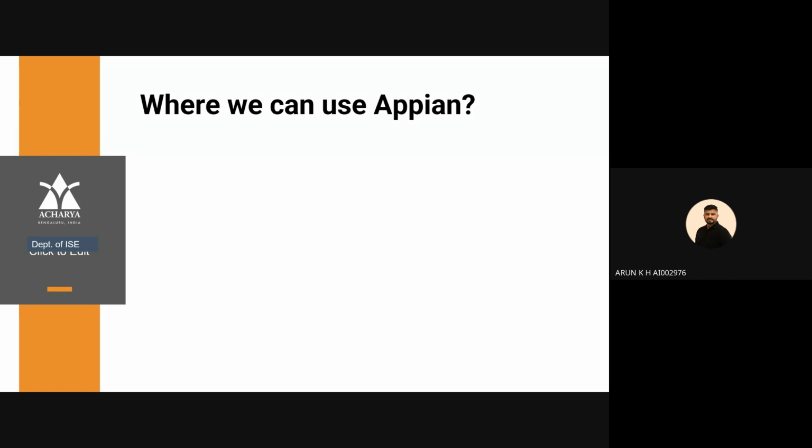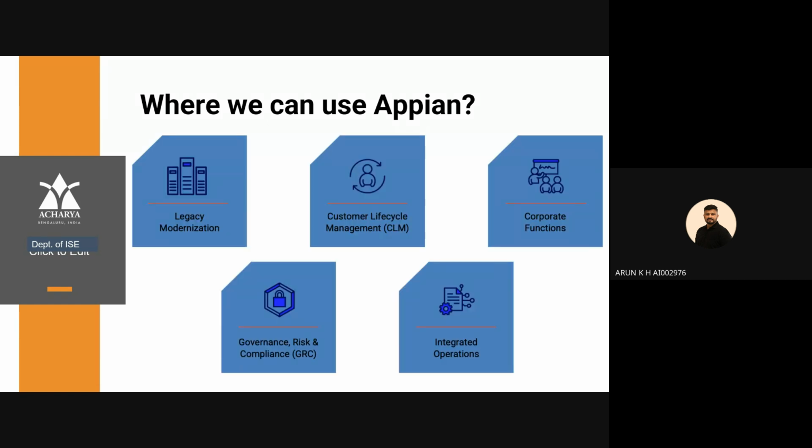So where and all we can use Appian. You name a particular place there and all it can be used. If we have built already application using a legacy technologies, and if we want to modernize them, then Appian will help them to build that. Customer lifecycle management, as I already told, say for example, now we have a Bangalore one in Bangalore, right?